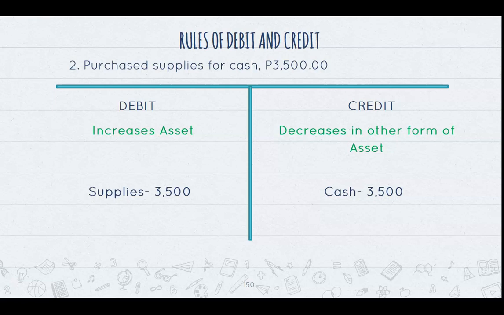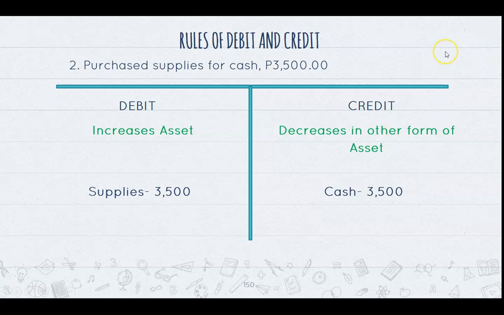Lagi niyong tatandaan. Kapag tayo ay nag-purchase at nakalagay ay for cash or paid, meaning to say, credit natin agad yung cash. Okay. So, sobrang excited, diba? Sobrang nakakatuwa kapag nakukuha natin or na-analyze natin ng tama ang bawat transaction sa accounting.